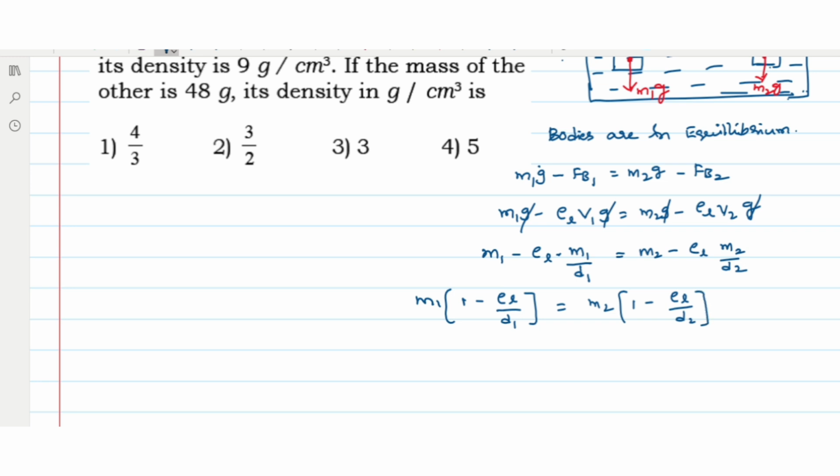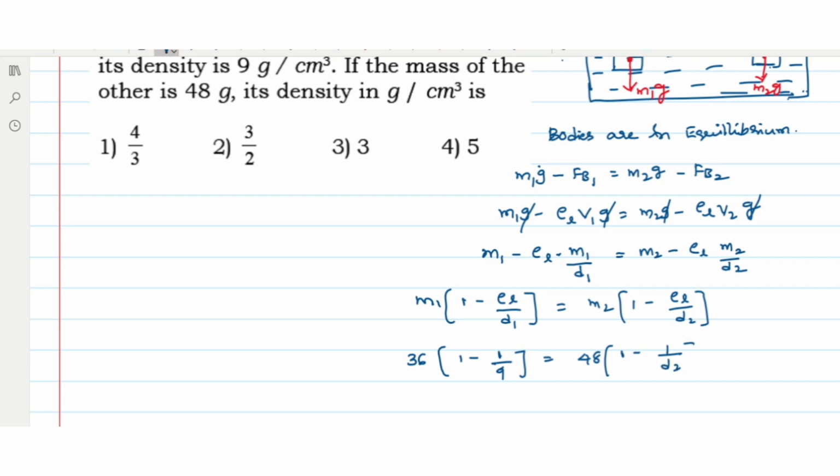Then the mass of the first body is given as 36 gram, into 1 minus the density of the liquid, water, which is 1 gram per cc, by the density of the first body, given as 9 gram per cc. This is equivalent to m2, the mass of the second body, given as 48 grams, into 1 minus the density of the liquid, water, 1 gram per cc, and we need to calculate the density of the second body.